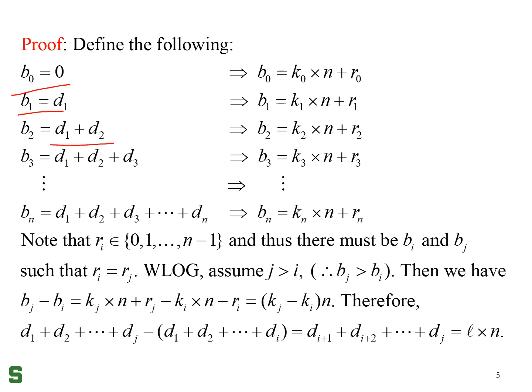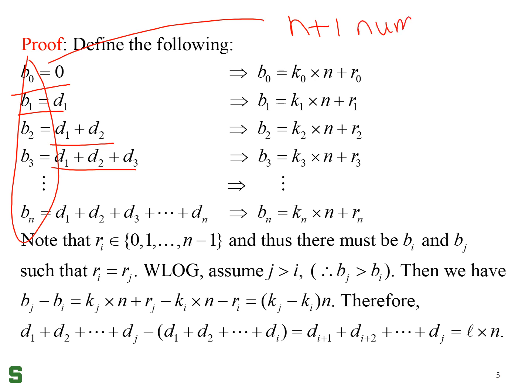That will give me b2. Then I'm going to add the third number. That will give me b3, and so on and so forth. An observation here is that these are a total of n plus 1 numbers. Pause here for a second to make sure that you're okay with this.